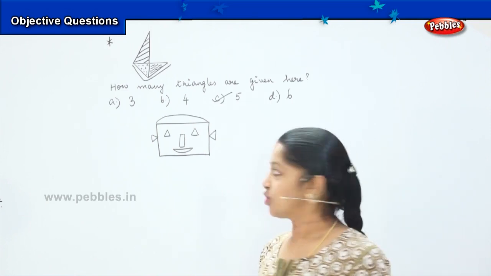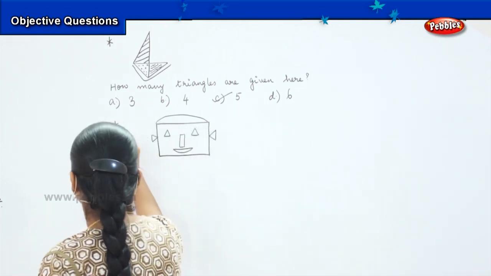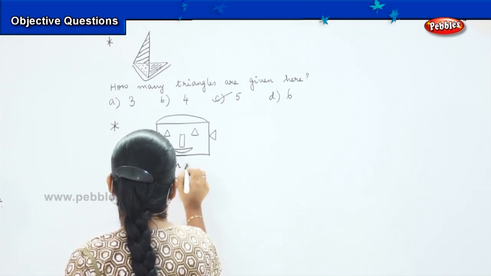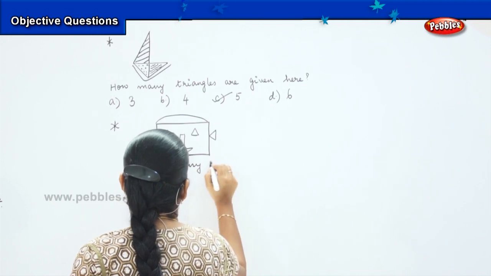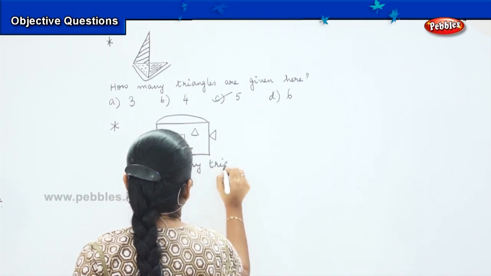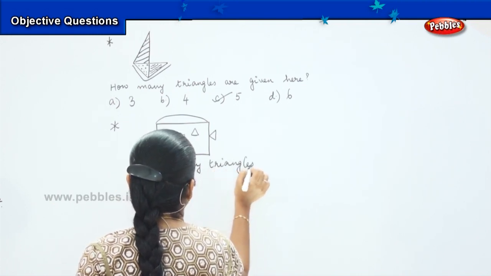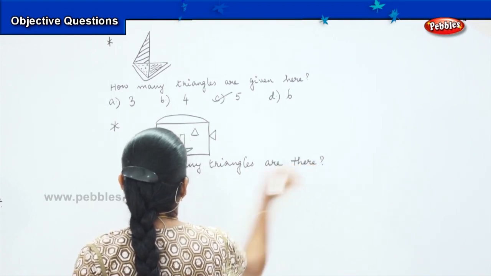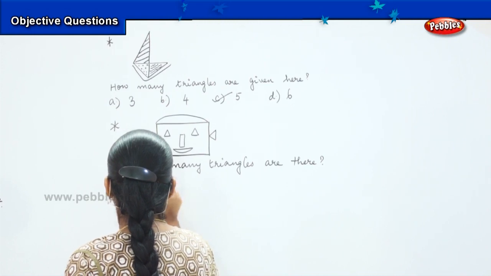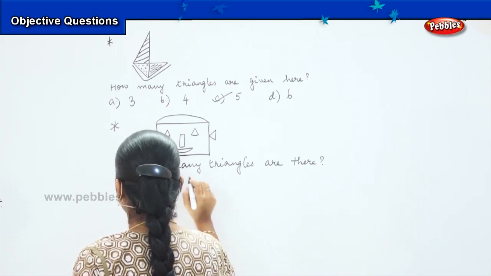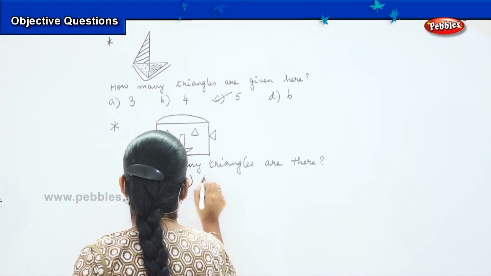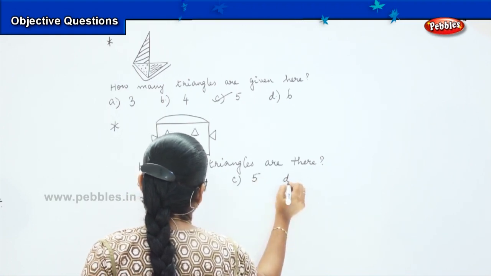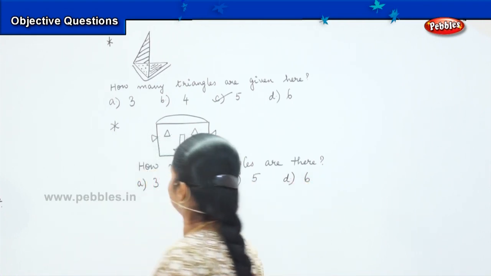So, my first question says, how many triangles are there? And my options are A 3, B 4, C 5 and D 6.